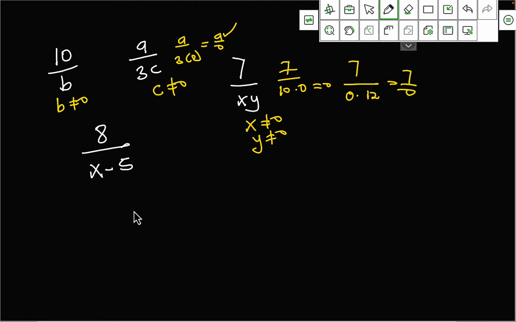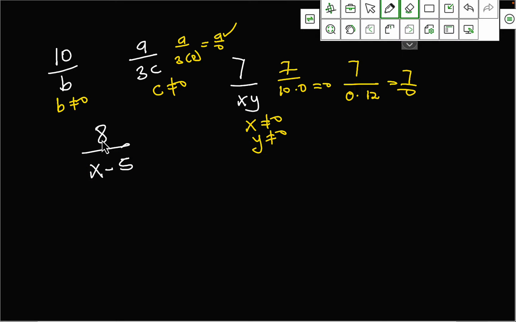Now let's look at this one. I intentionally left this one. Here you realize, what number would you add to this expression to make it 0? Remember that we are subtracting by 5. So the number you can add is 5, because then 5 minus 5 will give you 0. The number that will make this equation impossible or undefined is X minus 5 equal to 0.